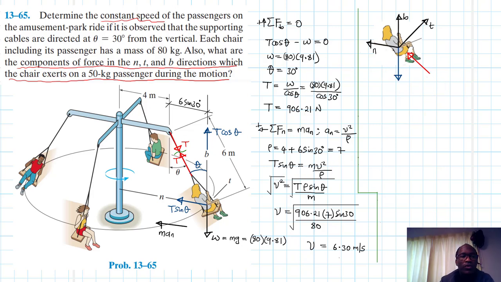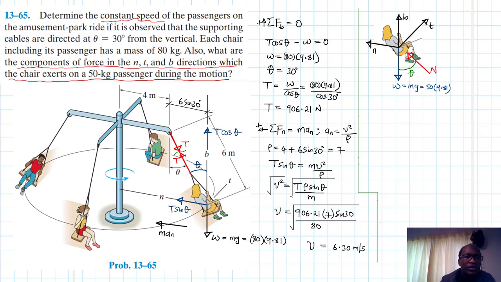This is the normal force from the chair on the passenger, and then we do have theta, right? Great. So this is our normal force, and then this is the weight, which is just equal to mg, and is equal to 490.5.